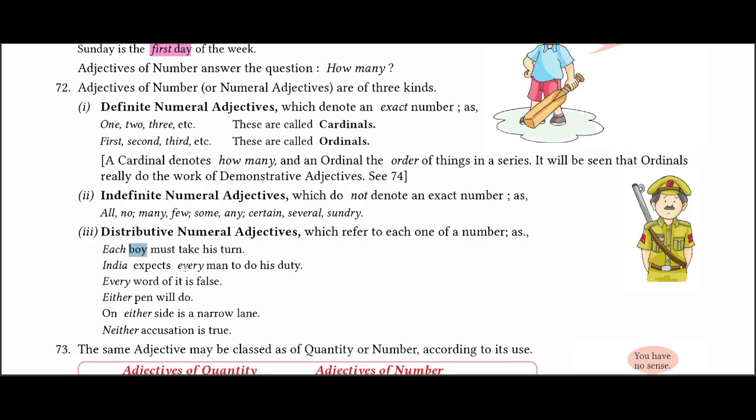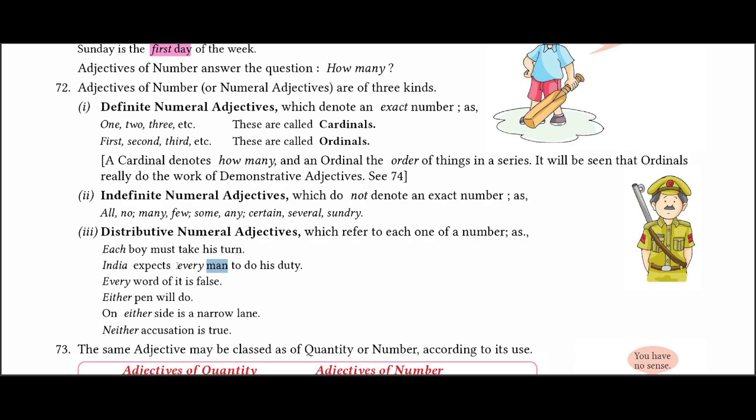Similarly, India expects every man to do his duty. Man, although here morphologically it is a singular number, the sense that it communicates is that of a plural. If you read the sentence, you will come to know that it is not only one man, there is a group of men.